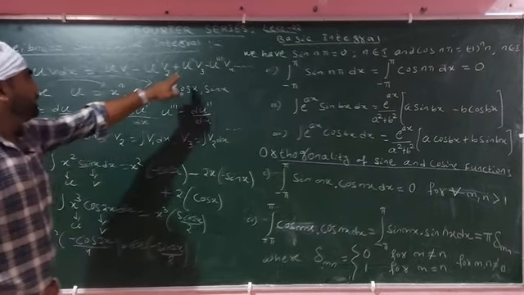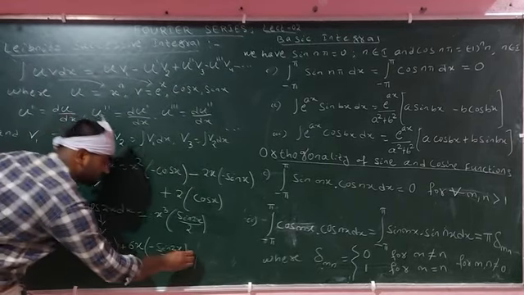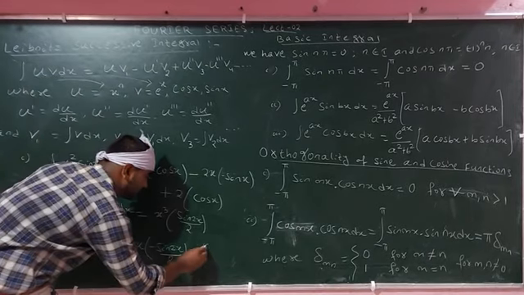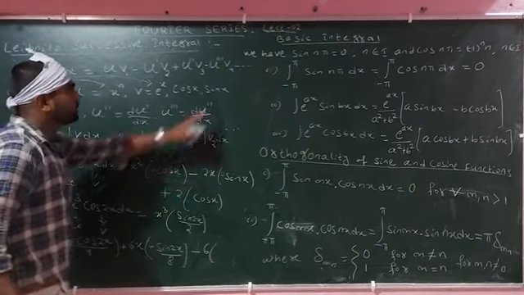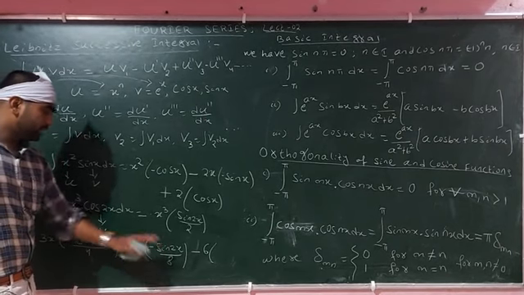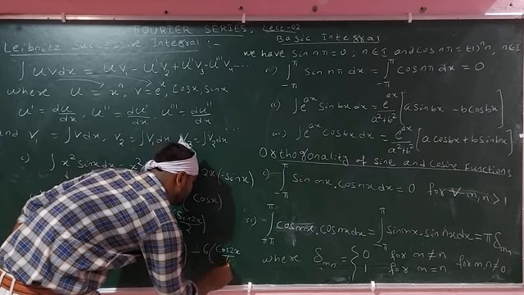Next term will be minus u''' v4: u''' is the derivative of 6x, that is 6, and v4 is the integration of minus sin 2x by 8, that is cos 2x divided by 16.